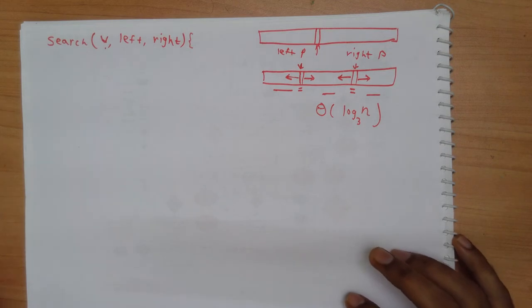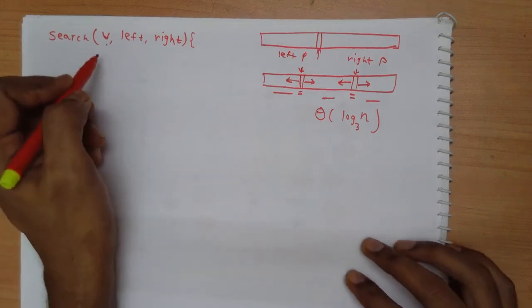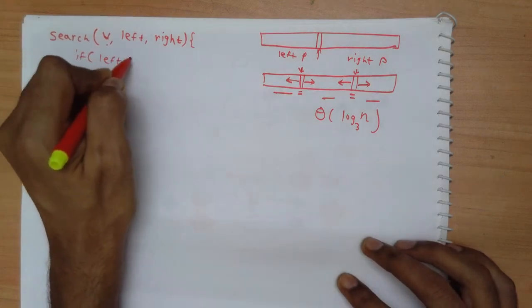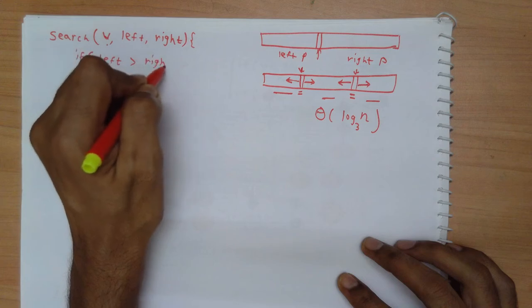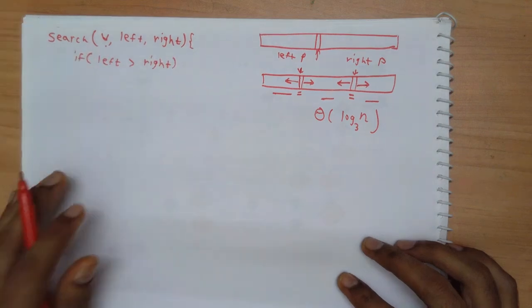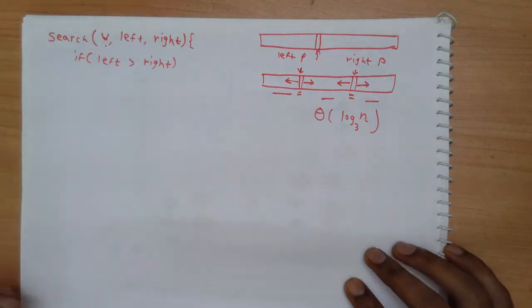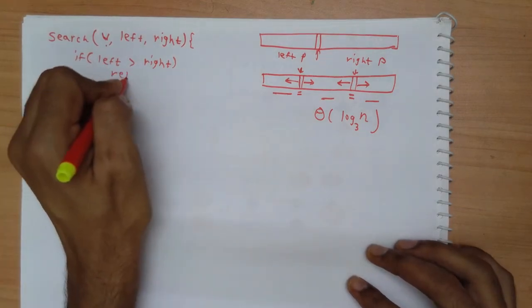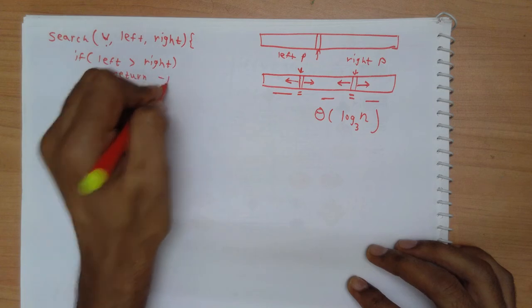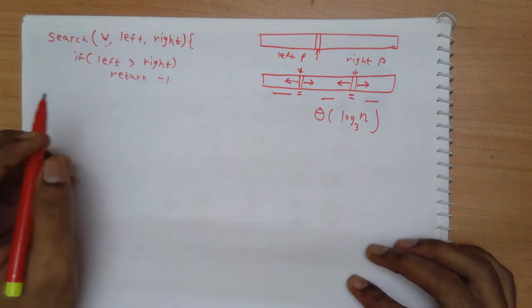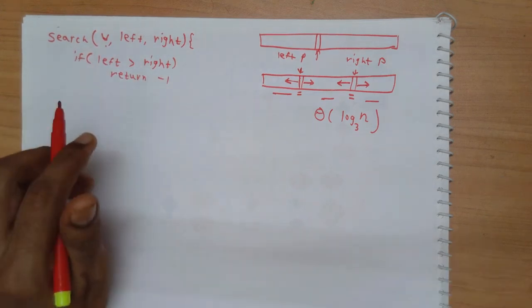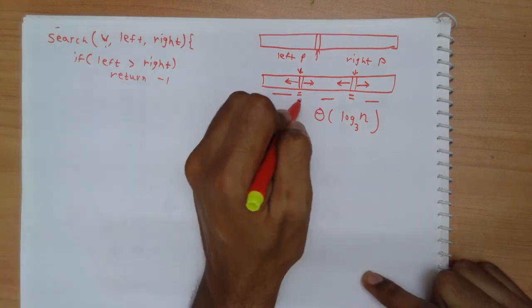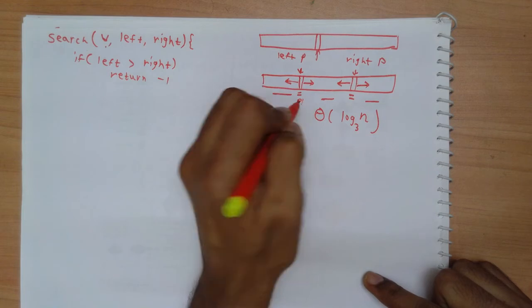So first of all, I will check if my left is greater than right. That's the way we are checking if we are done with search. So if my left is greater than right, in that case I have to return -1. If that's not the case, then I should compute what we'll call pivot 1, p1.